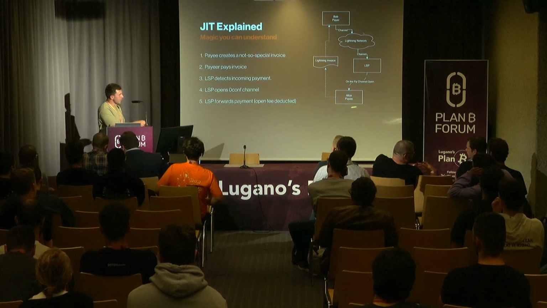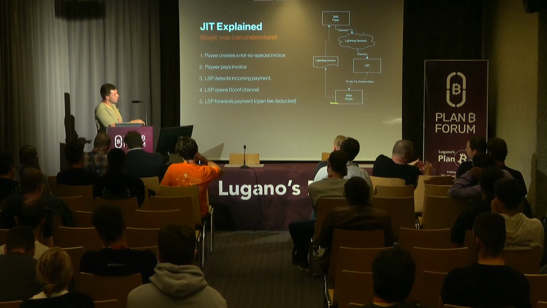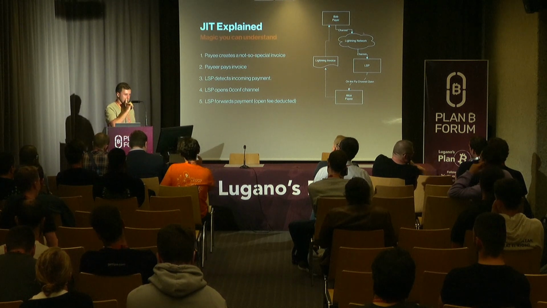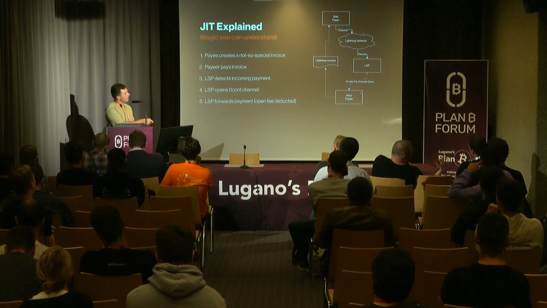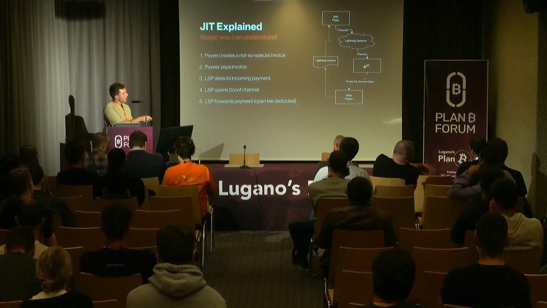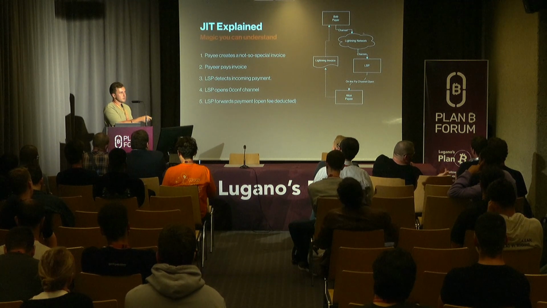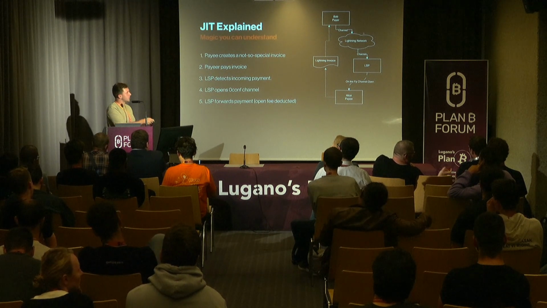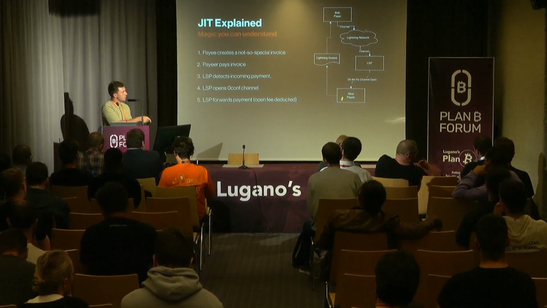So you just create an invoice, let's say $20 for the pizza. Then Alice creates this invoice, Bob pays $20, and the LSP, this negotiation here is, with LSPs 2, done when the invoice is created.